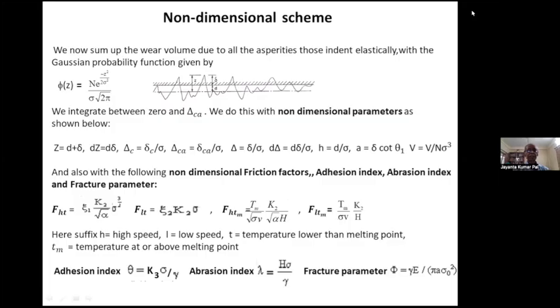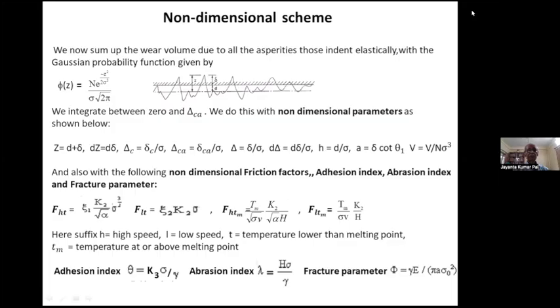It is important to note here that we non-dimensionalize all the displacement by sigma. Sigma is the standard deviation of the asperity height distribution.